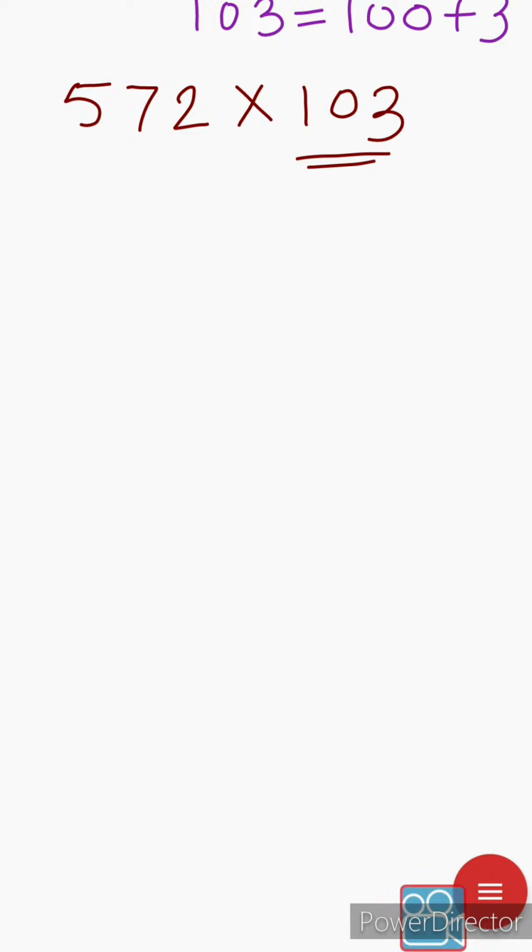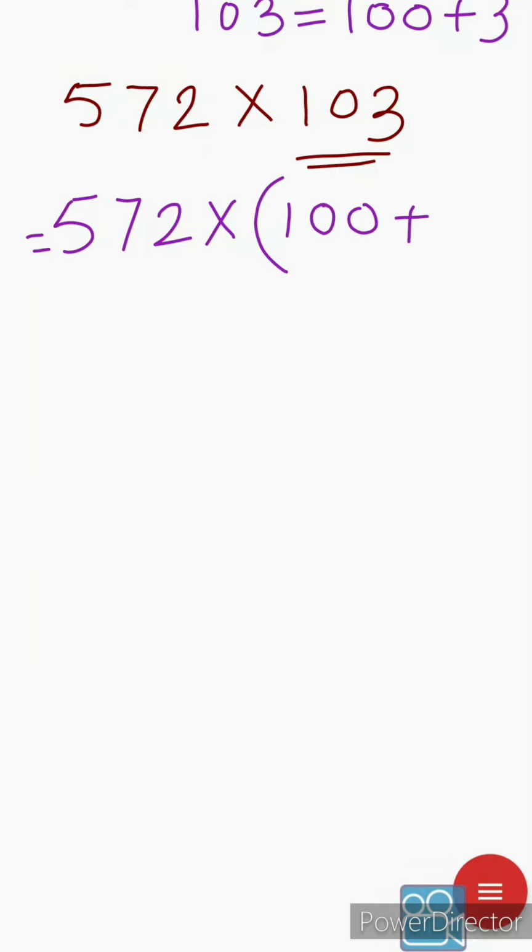So we will just rewrite this sum as 572 multiplied by, we will put a bracket. Now in the place of 103 we will write 100 plus 3. Okay, now the method is the same.